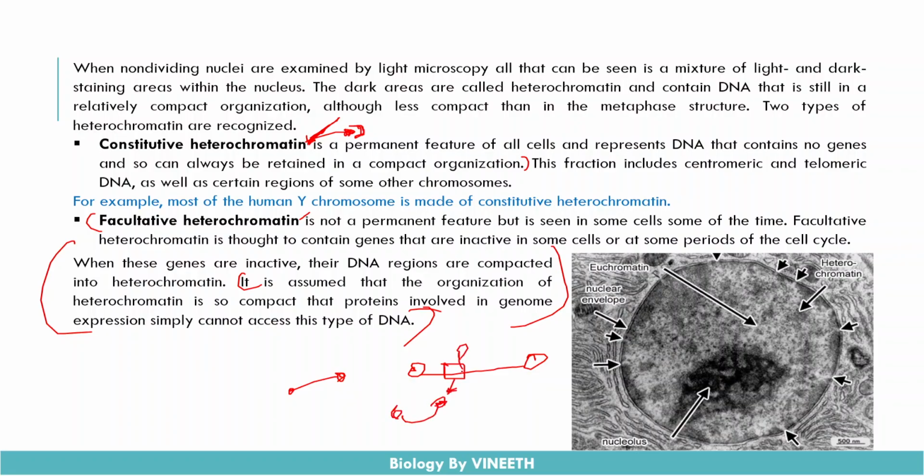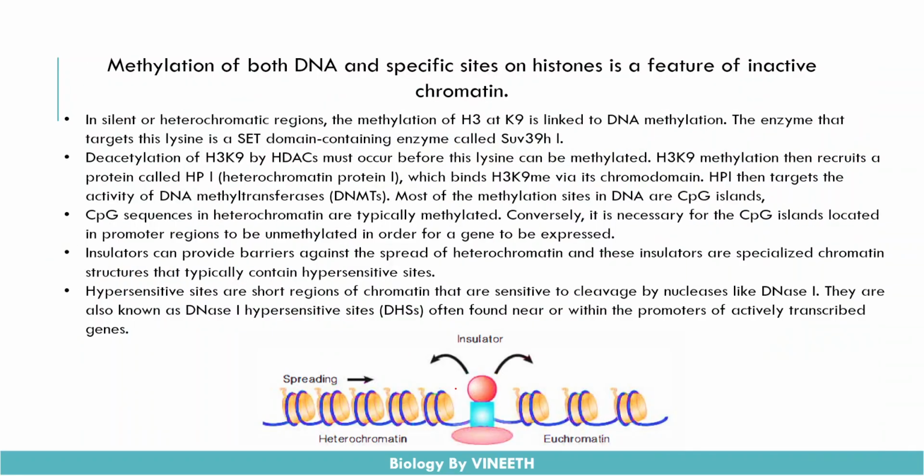If the chromatin is highly condensed, like this constitutive heterochromatin, proteins cannot access the promoter sequences easily and cannot bind to them, making the genes stay in the inactive form. So that is the difference between hetero- and euchromatin.